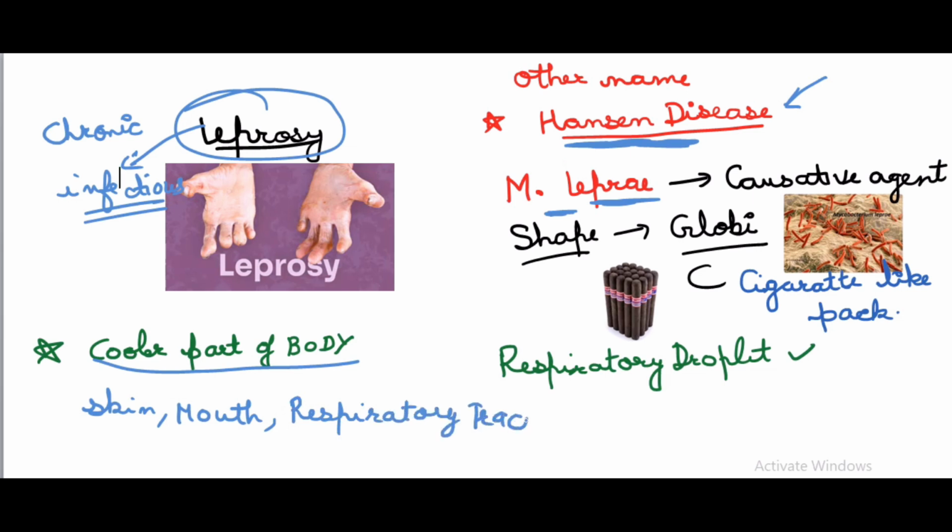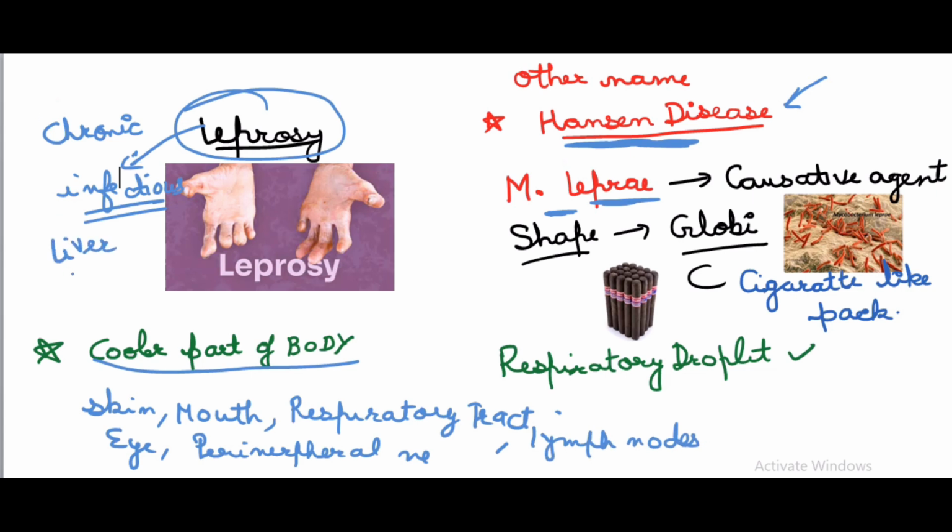Even eyes, it can involve the peripheral nerves, and apart from that, it can involve the lymph nodes. It can affect other organs like the liver, spleen, bone marrow, etc.